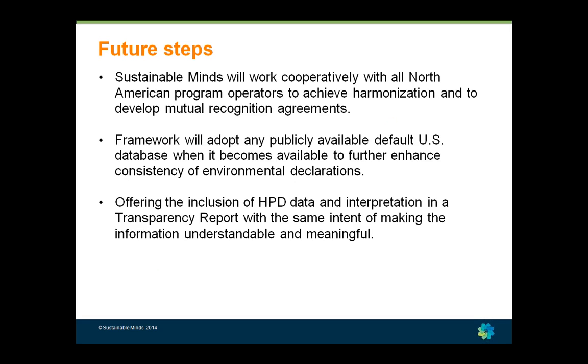The framework will adopt any publicly available default US database, and efforts are ongoing to make that happen. The framework is going to be one of the early adopters of such a database because we believe it enhances consistency of environmental declarations.